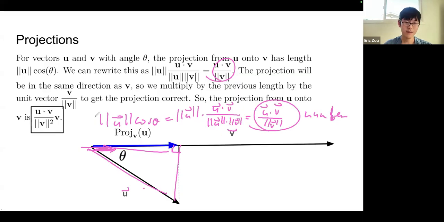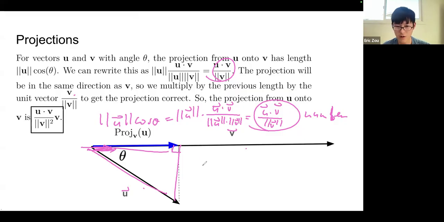So we need to scale it to the correct length by adding a unit vector to the length of the blue arrow.